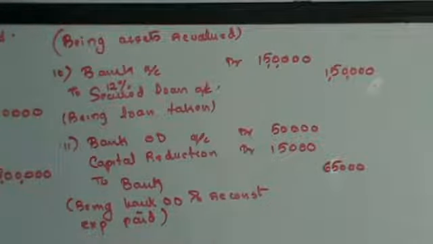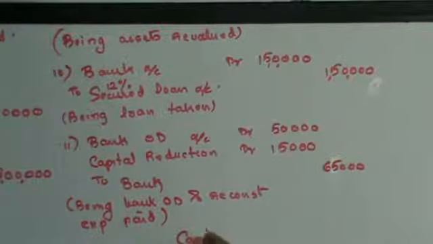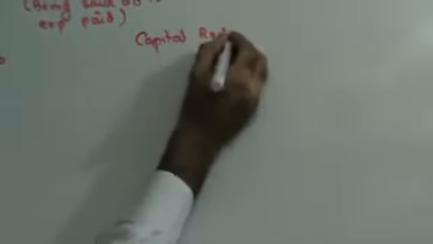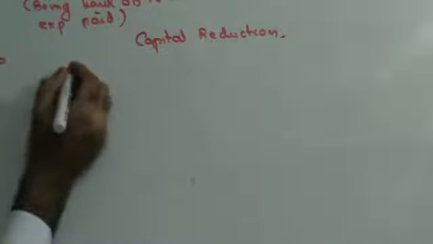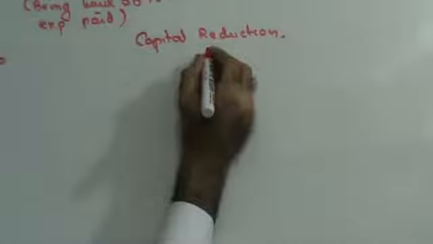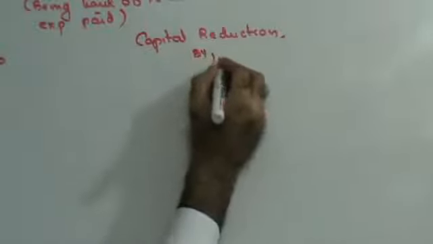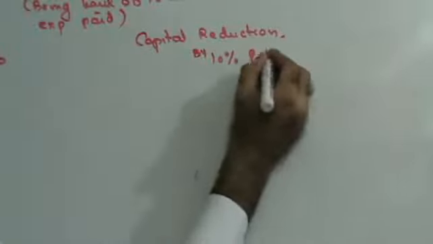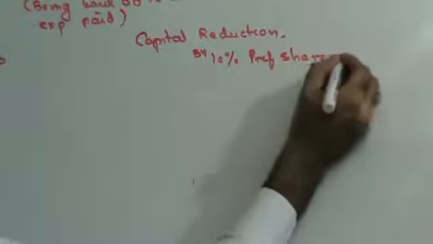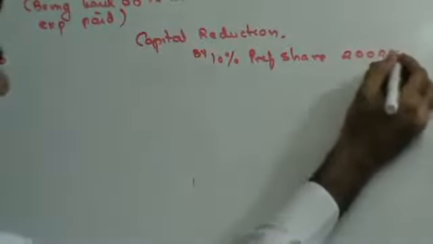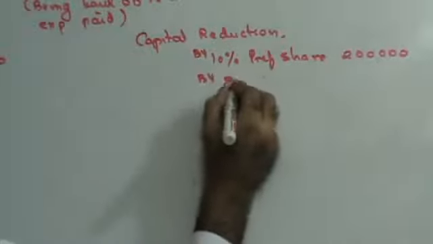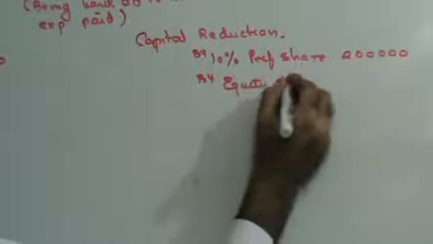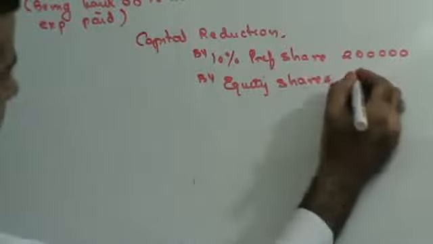Right? Now once your journal is over, then you need to make capital reduction account. Now let's look at your journal. You have capital reduction on the credit side, so by 10% preference shares, 2 lakhs. Then on the credit side, by equity shares, 8 lakhs.